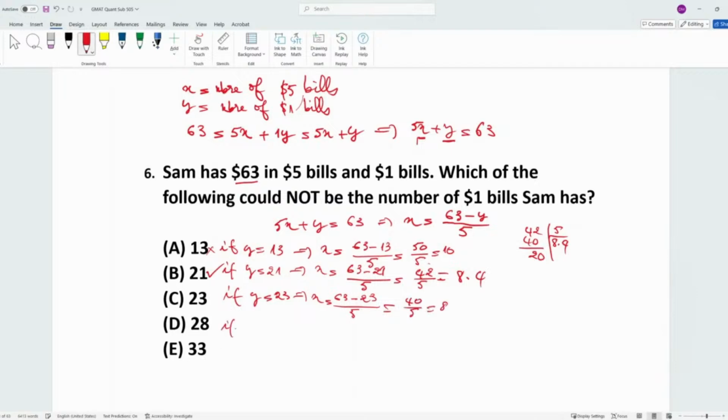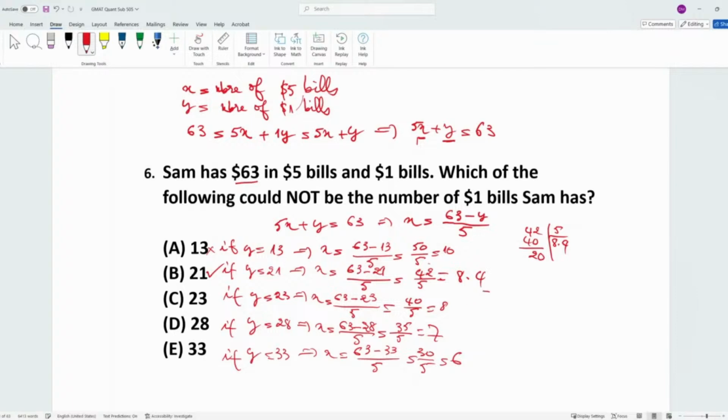The same thing if y is equal to 28, then x is equal to (63 minus 28) over 5, which gives us 35 over 5, equal to 7. And even the last one, if y is equal to 33, then x is equal to (63 minus 33) over 5, which is 30 over 5, which is equal to 6.